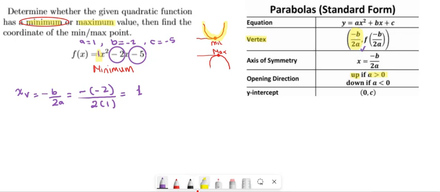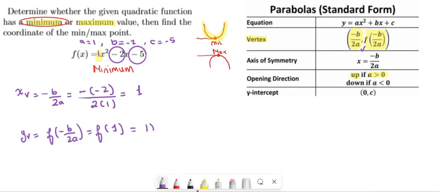Now we go to the y of the vertex, which is defined by f of minus b over 2a. Remember that minus b over 2a is 1, we found it already. So this is f of 1, and it's really easy, you just have to plug it in.